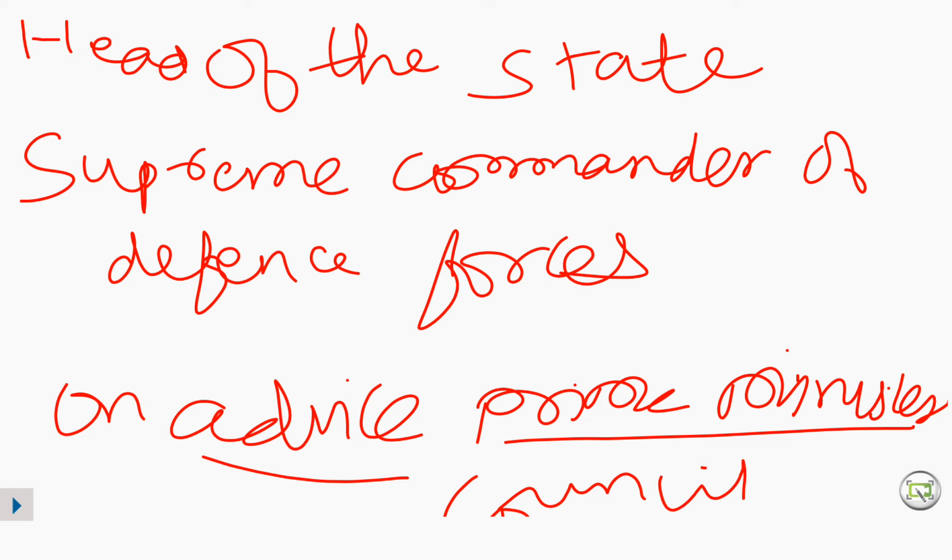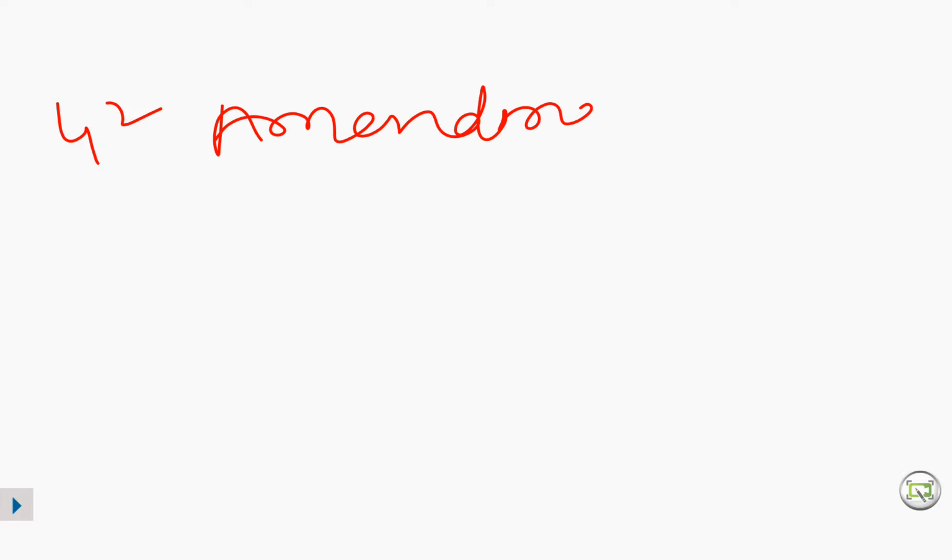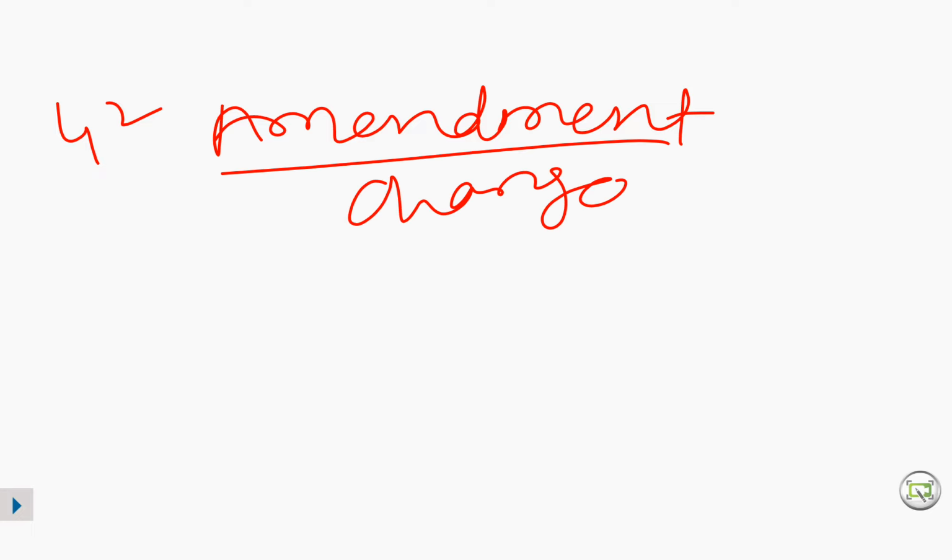Now we can see that there is one Act, the 42nd Amendment Act. Amendment means change. This 42nd Amendment Act makes it necessary for the President to exercise his or her functions in accordance with the advice of the Council of Ministers.